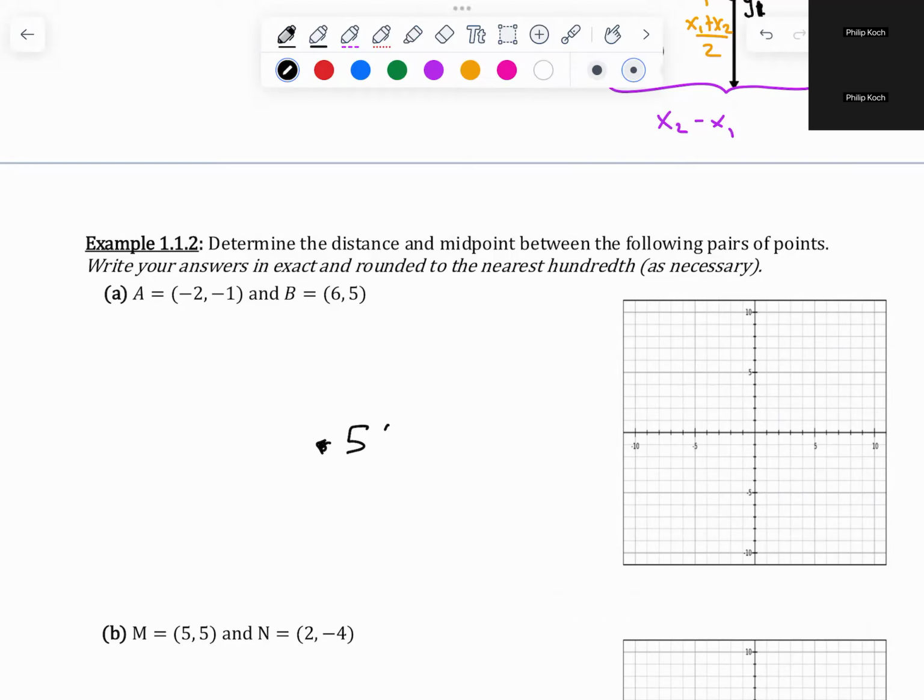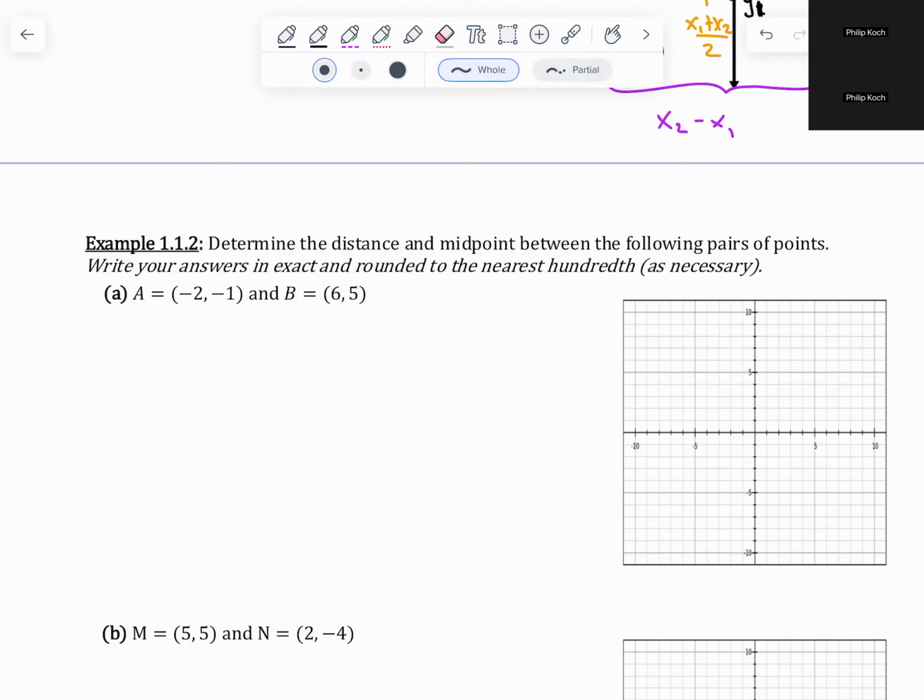But as soon as it's 0.5111 going on forever, that's no longer exact, unless you write the dot dot dots. If you approximate it, that's an approximation. So square root of 5 is an exact value. 2.2 or whatever it is for the square root of 5 is an approximation. I want it in both forms, as we'll see in a second.